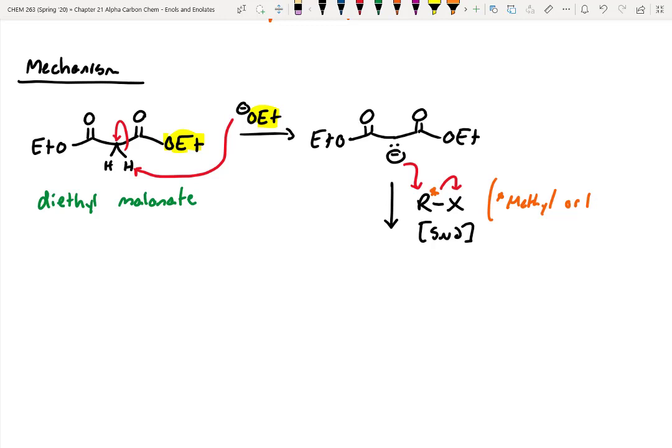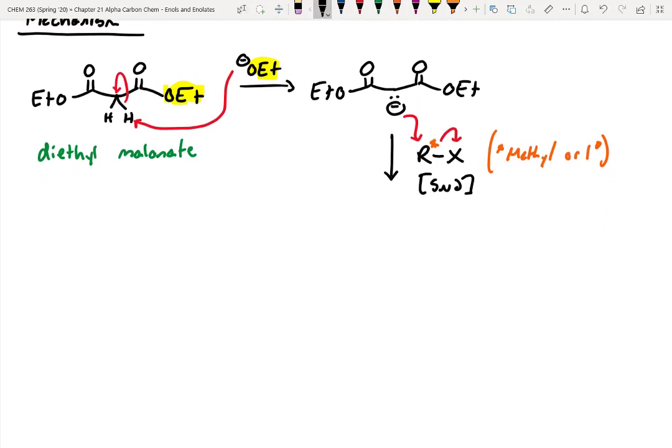Otherwise, we're not going to be able to do SN2 chemistry if it's hindered like a tertiary carbon. It needs to be relatively unhindered. All right, and so we'll be able to alkylate this central position and get this new alkyl group installed.